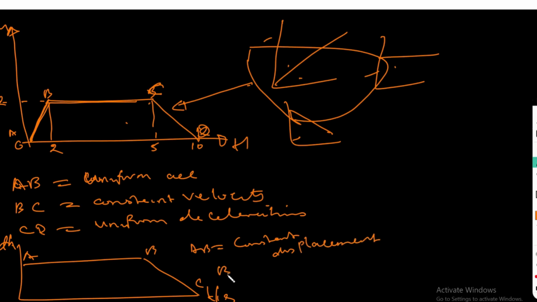And BC will be equal to what? It will be uniform velocity in the negative direction, right? So the velocity is uniform, but it's moving in a negative sense. So that's what you talk about. But the acceleration in this case will be what? Constant, sorry, zero.